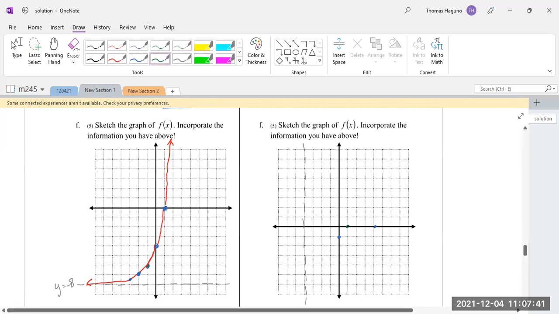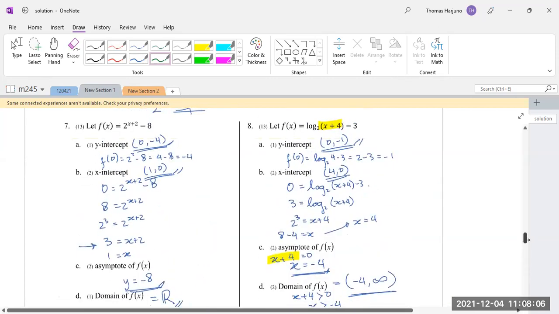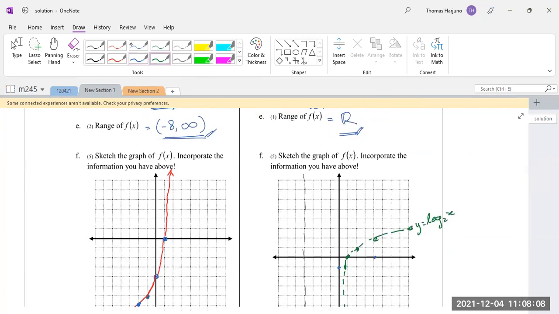Log base 2 of x looks like this, approximately. You don't need to write that one down, but I want you to see how I move the coordinates: 4 to the left and 3 units down.